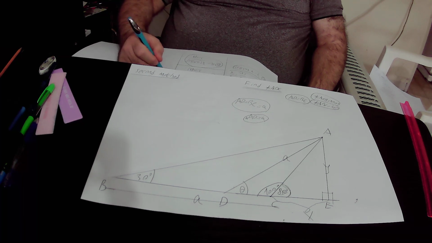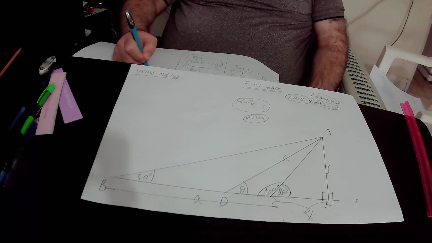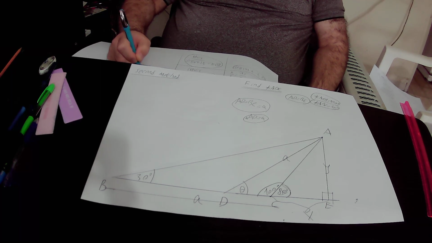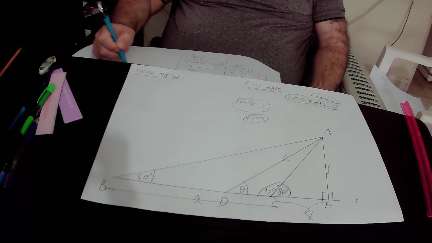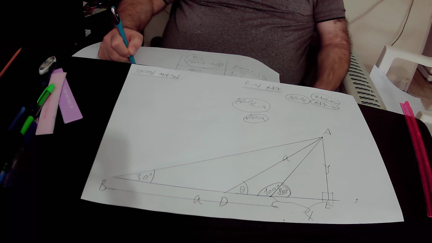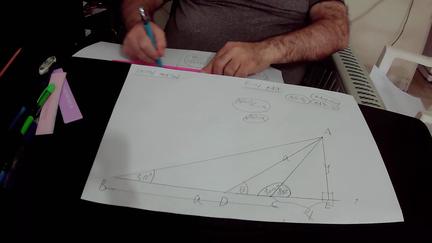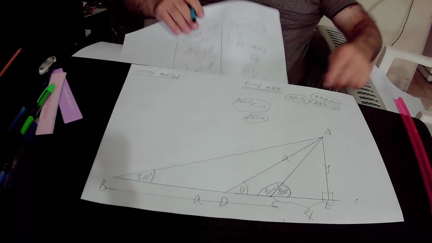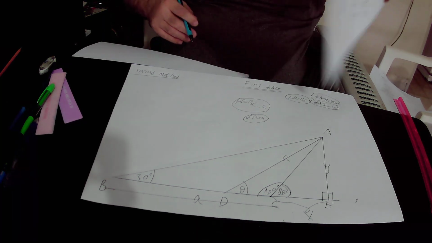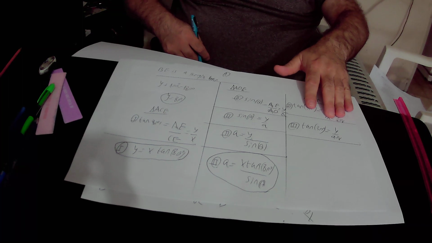So according to equation number 3, tangent 30 degrees equals y over a plus x.